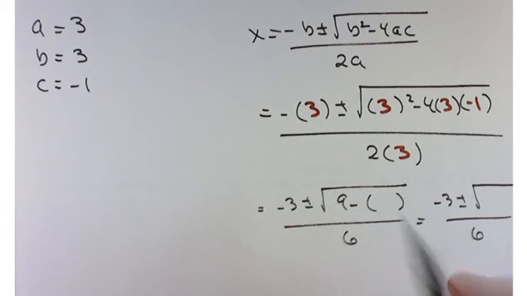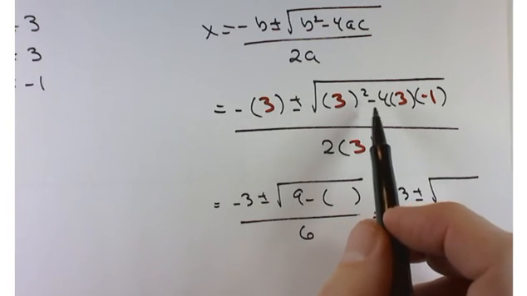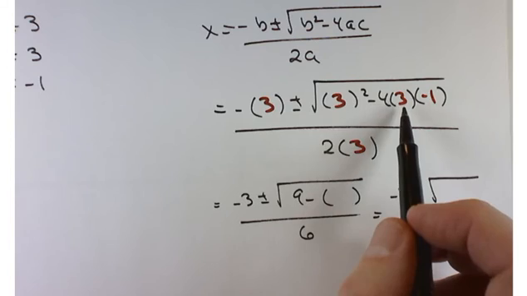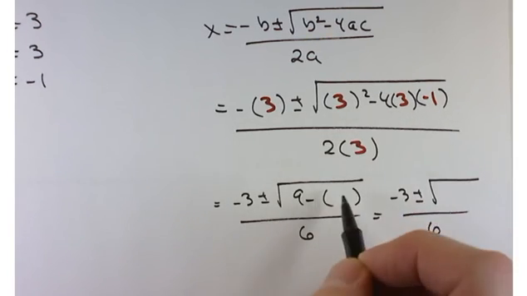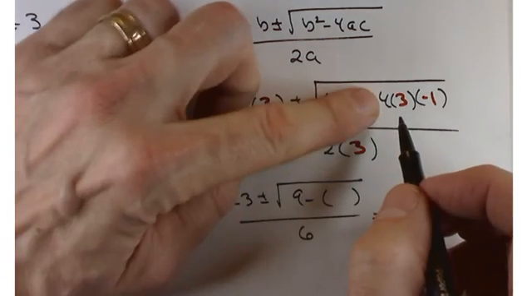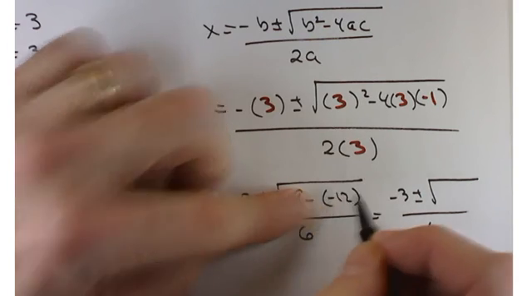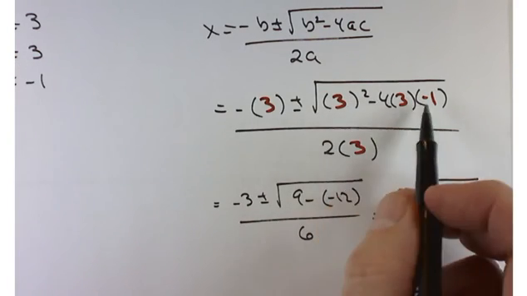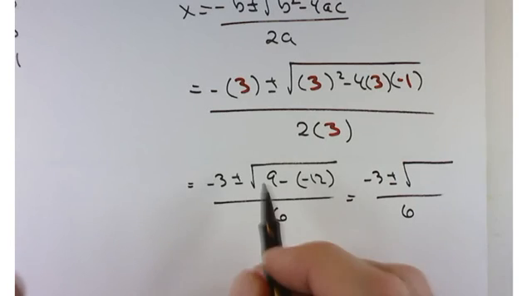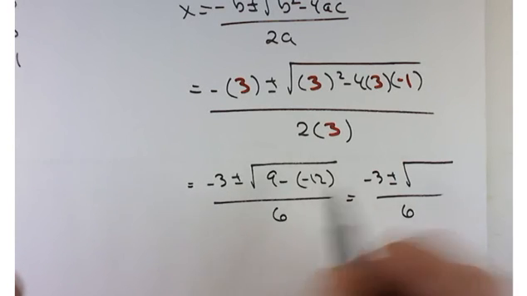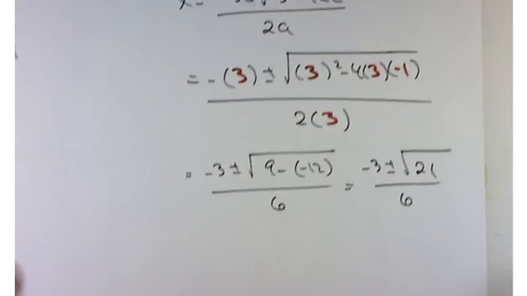Okay, so 3 squared is 9. Negative 4 times 3 times negative 1 is going to give you, well, if you're subtracting, you're going to subtract a negative 12, or you can just say, I've got two negatives here, it's going to be a positive. Either way, you'll end up with 9 plus 12 is 21.